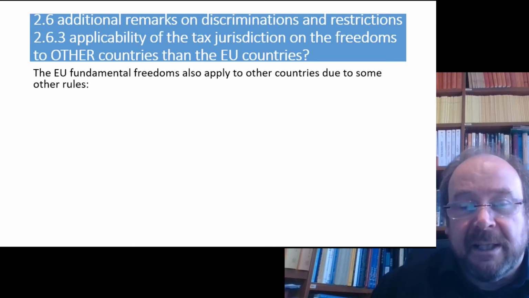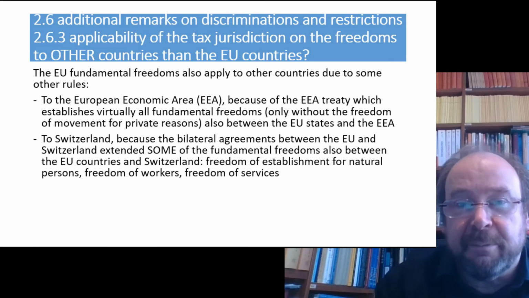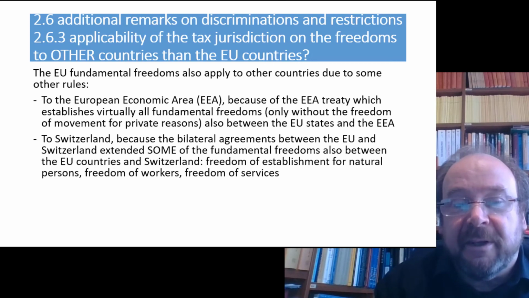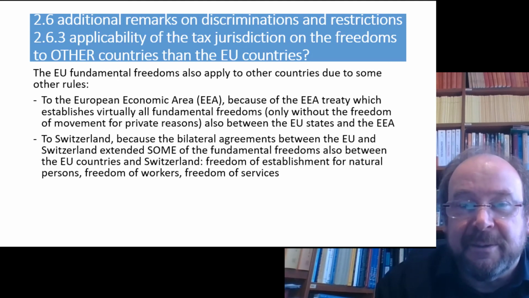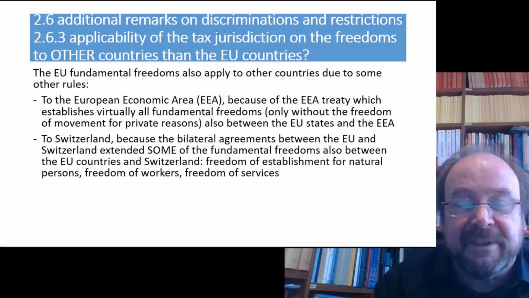Well, other countries, the countries of the European Economic Area, are covered by the freedoms too, because the EU and the EEA countries agreed on granting each other all the fundamental freedoms apart from the freedom of movement for private reasons. So nearly every economic cross-border activity also can be criticized under the aspect it's a forbidden restriction if you have to do with something in the EEA or if an EEA citizen does something within the EU.